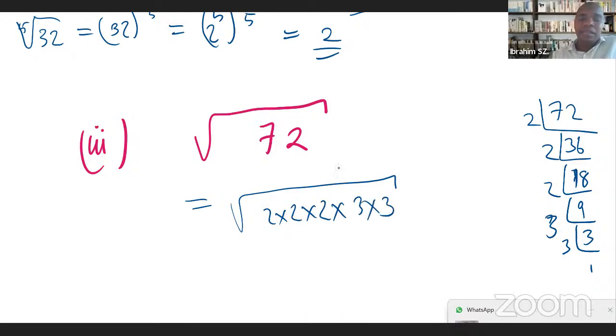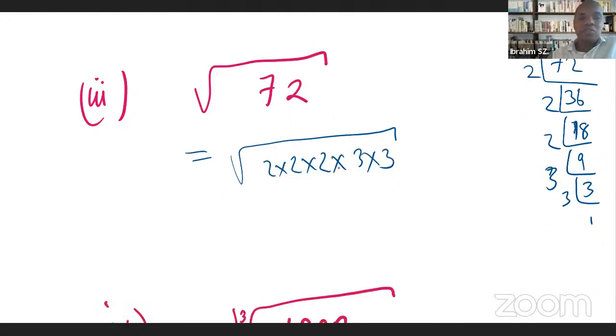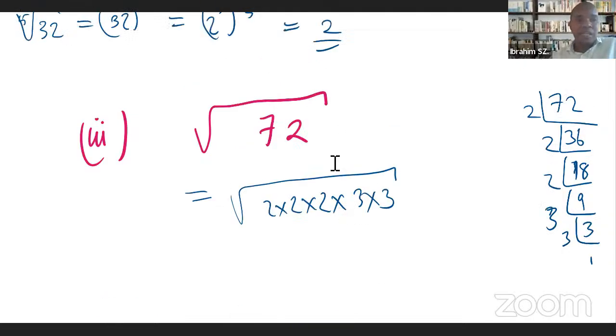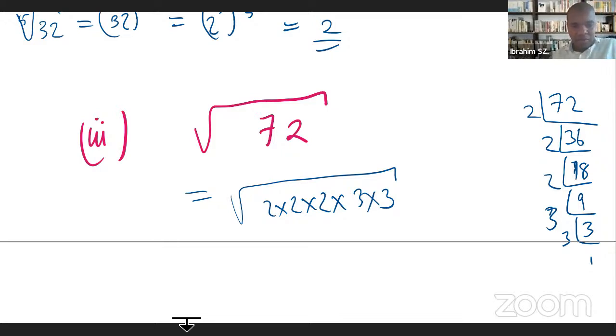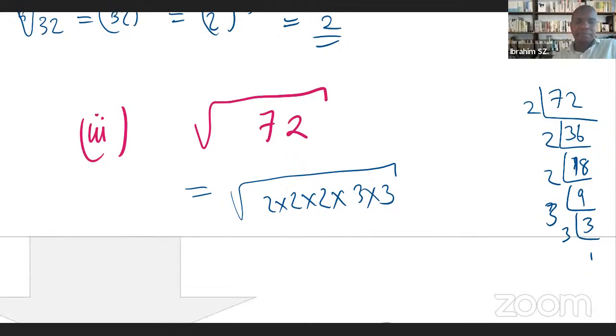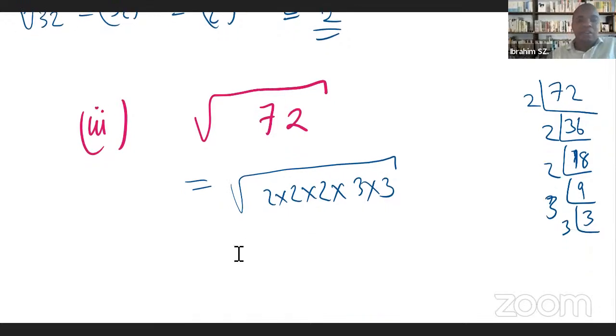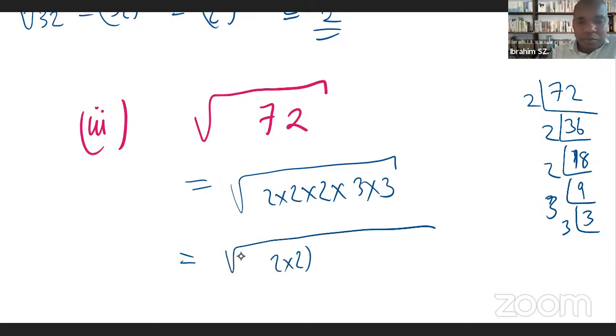Okay? And because we have a square root, you are going to group into equal factors. So if we are going to do that, this is equal to 2 times 2 times 2 times 3 times 3, okay?